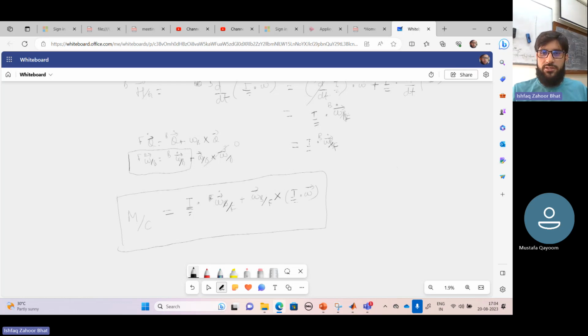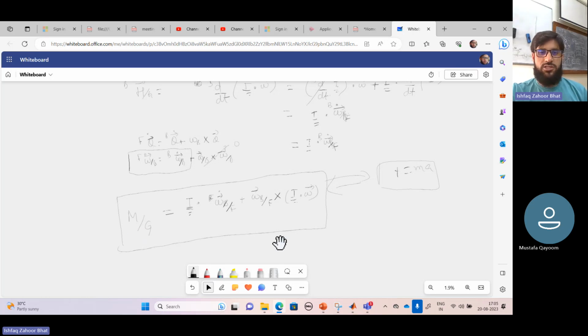The first important equation is F equal to ma. The next important equation is this. Together, if you take these equations together, you can solve any general rigid body dynamics problem. So these are very important. What is this? This is external torque about the center of mass G, equal to inertia tensor dot rate of change of angular velocity of body with respect to fixed frame, taken in fixed frame, plus the angular velocity of the body with respect to fixed frame cross the inertia tensor dot omega.